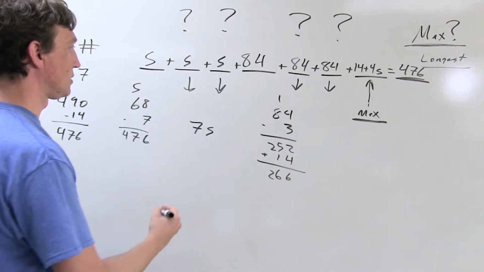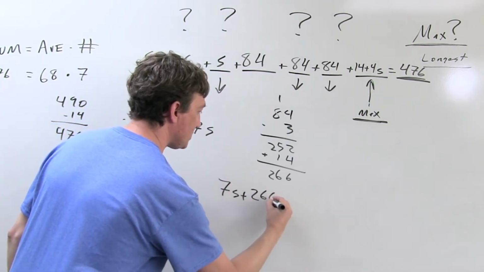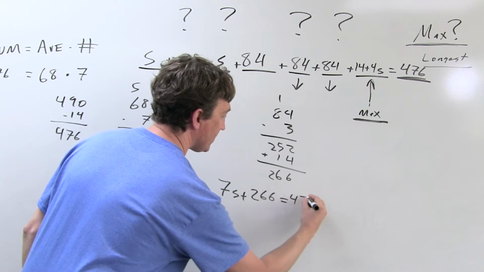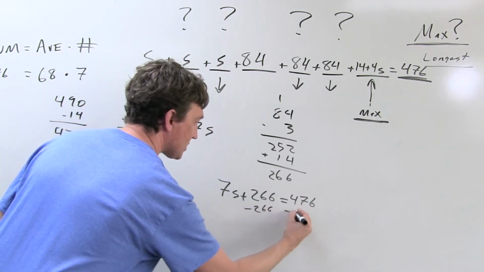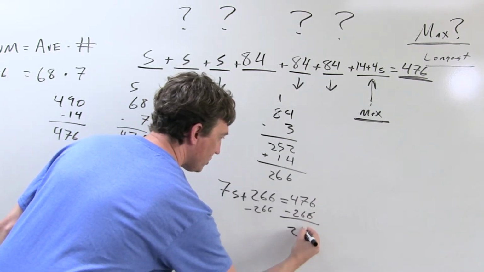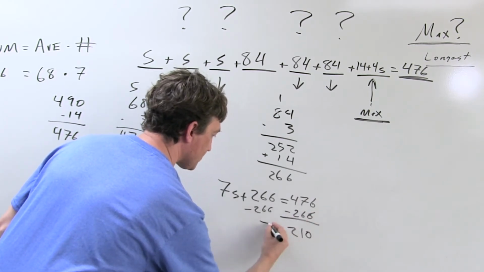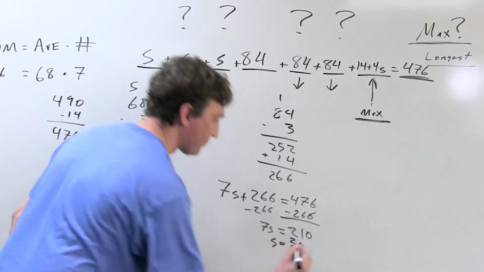Okay, so I've got 7S plus 266 equals 476. Subtract 266 from each side. And now I'm going to have 210 equals 7S, and therefore S equals 30.